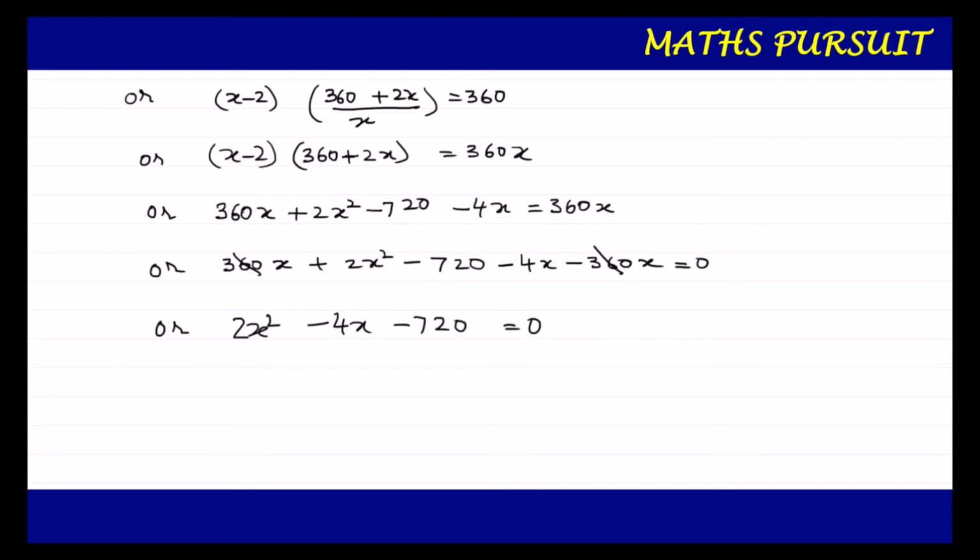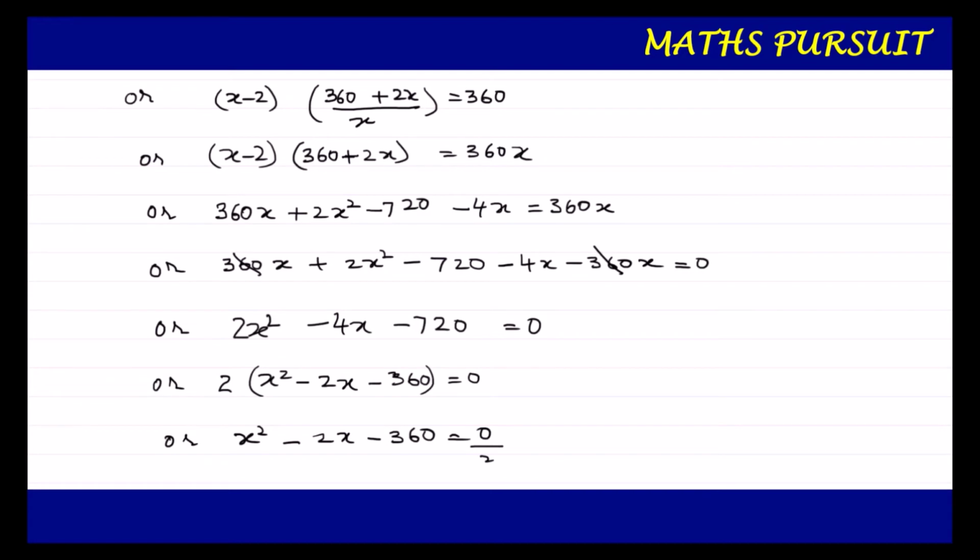Because we are putting this equation in the form of ax to the power 2 plus bx plus c is equal to 0. Now taking 2 as common, I can write x to the power 2 minus 2x minus 360 is equal to 0. Or x to the power 2 minus 2x minus 360 is equal to 0 upon 2, moving this 2 to the right side.